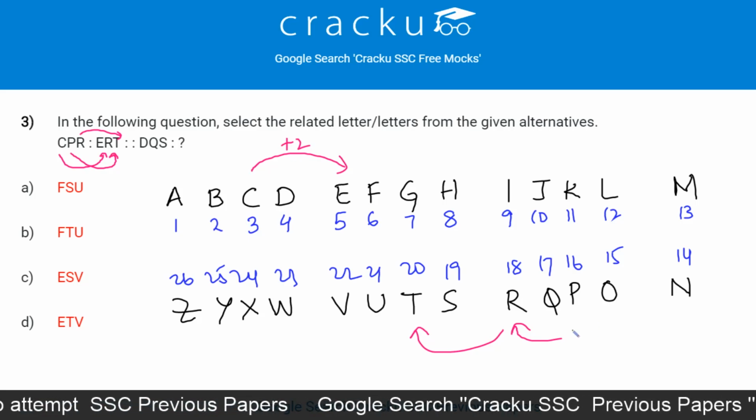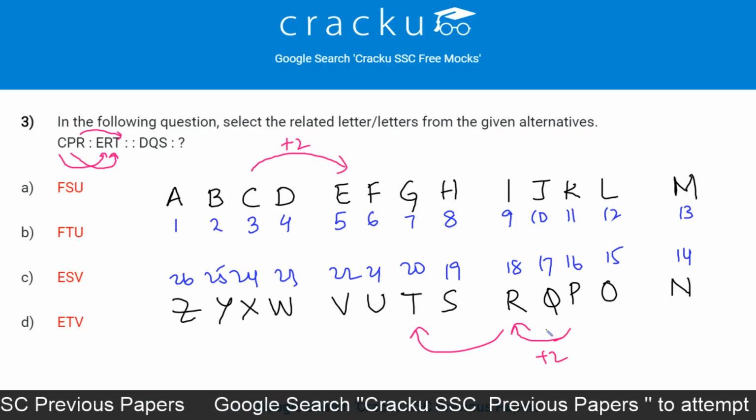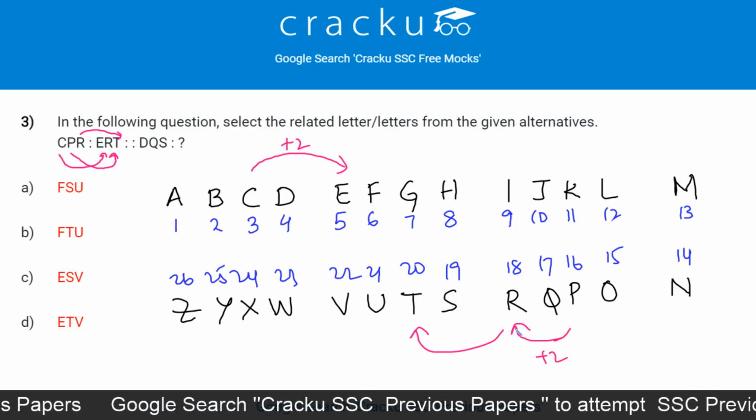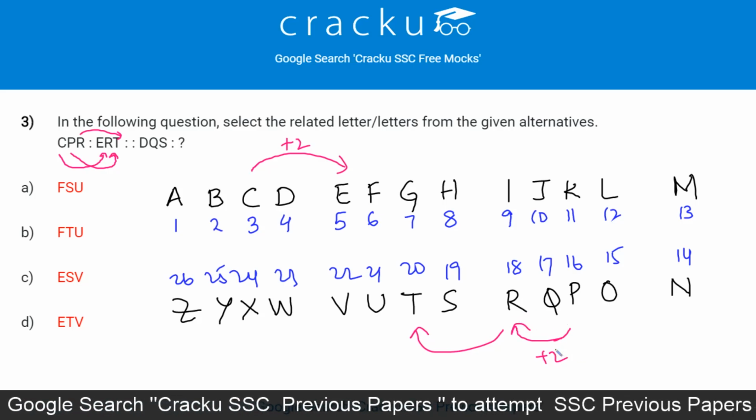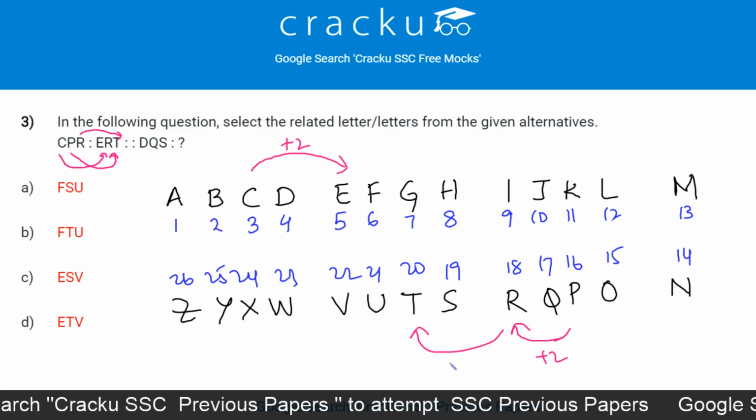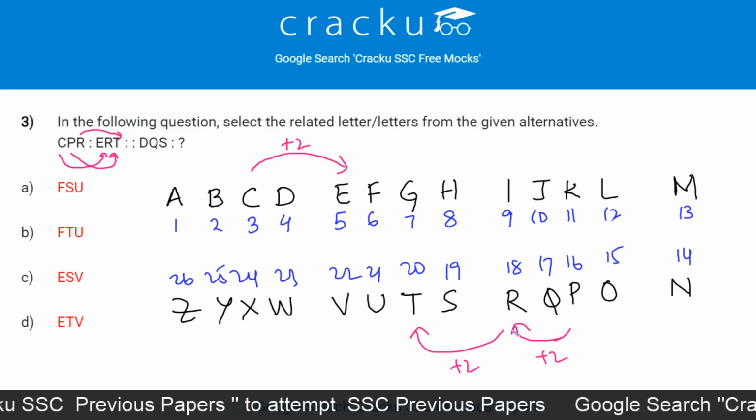Similarly, from P to R, we can obtain R by increasing 2 units from P. Similarly, T we get by increasing 2 units from R.